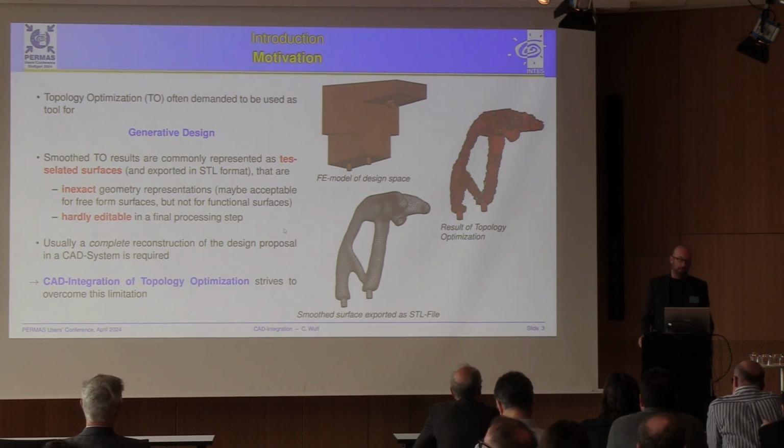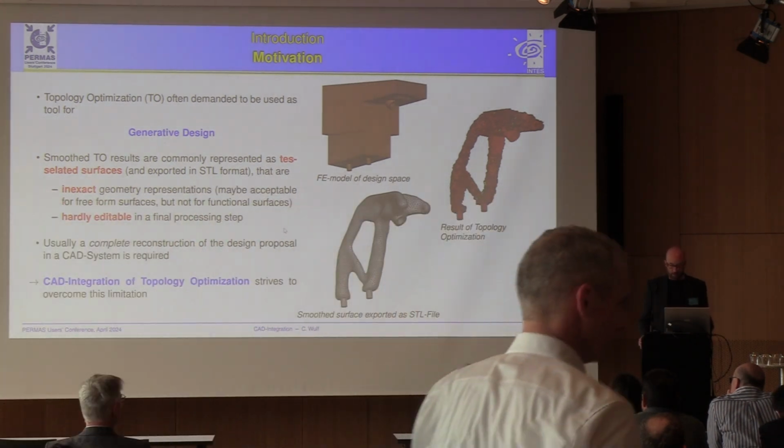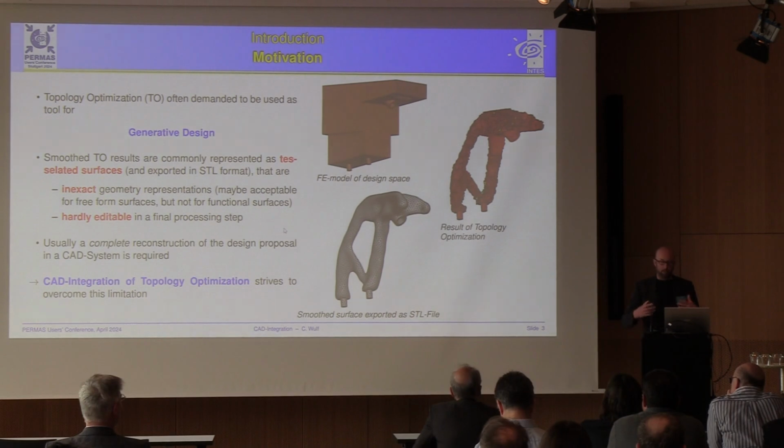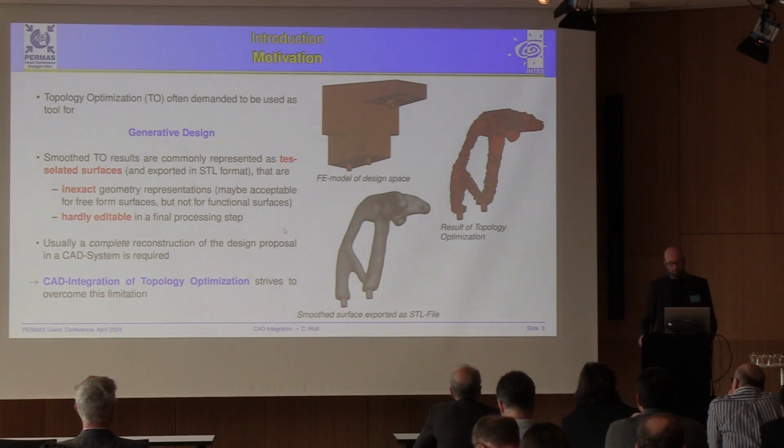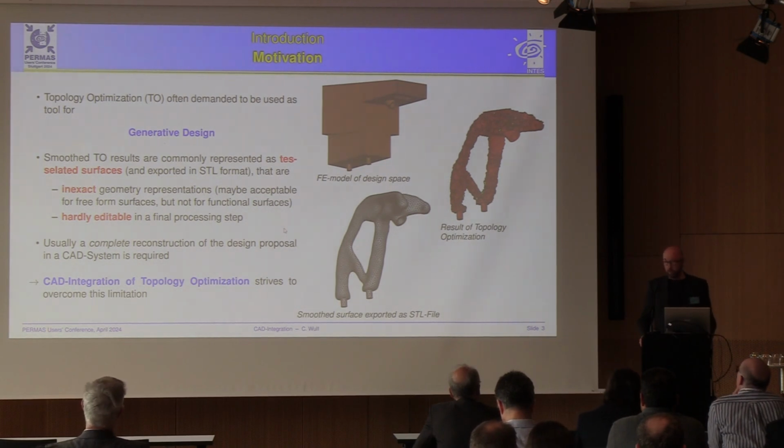So this leads to the demand that topology optimization is often demanded to be used as a tool for generative design. I don't like too much buzzwording, but generative design, I think, is a well-established word that means that topology optimization should be used for an automated generation of part designs.